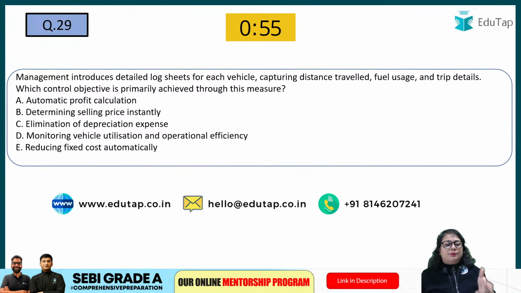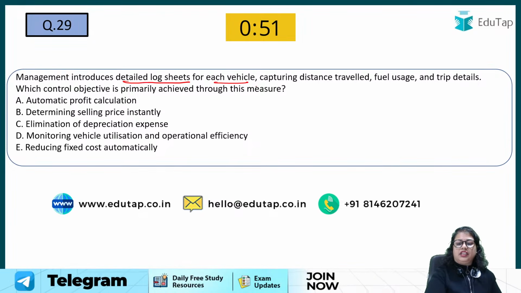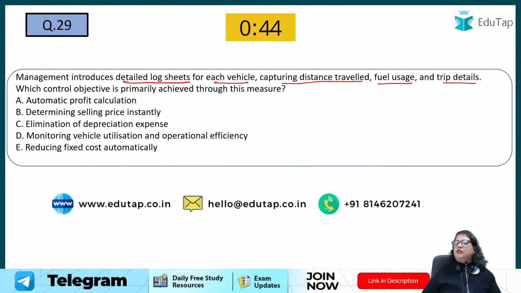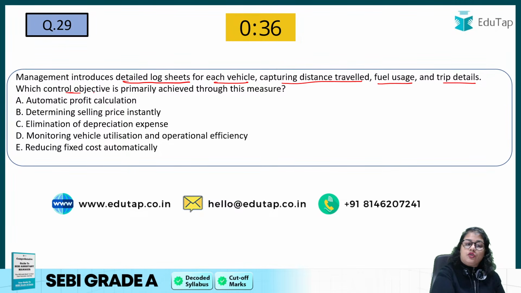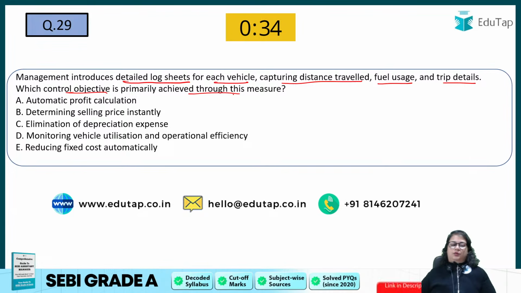Next, management introduces detailed log sheets for each vehicle capturing distance traveled, fuel usage, trip details. So there is a log sheet wherein everything is mentioned, how much distance you have traveled, what is the fuel usage, and what are the trip details, from where to where did you go. Which control objective is primarily achieved through this measure?